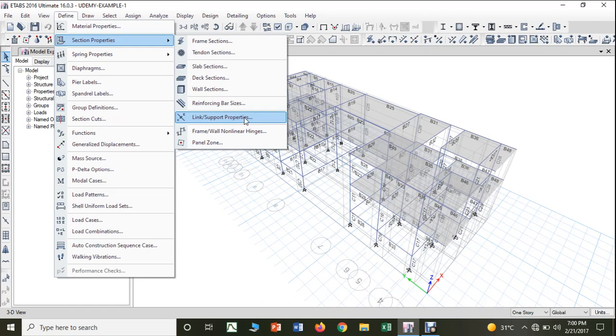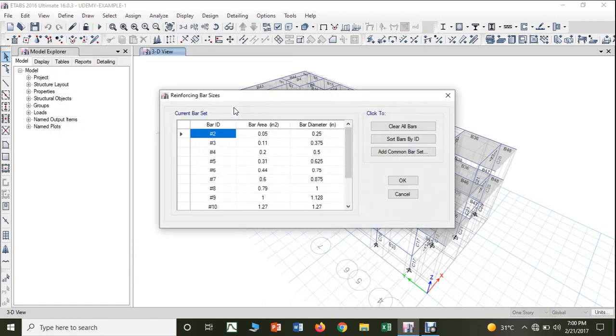So first, if I choose reinforcing bar sizes, you can see that they have given some names, the bar ID. Bar ID number 2 means a bar of 2 inch diameter.